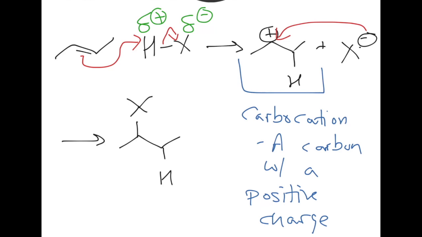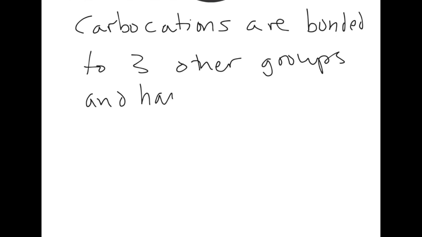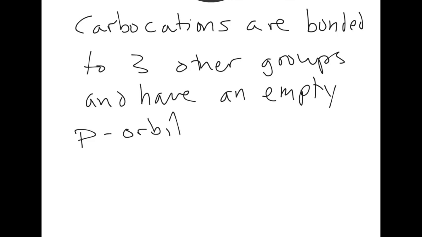We're going to talk about the structure and stability of carbocations because that's important for predicting what products we're going to make. Carbocations are bonded to 3 other groups and they have an empty p orbital.